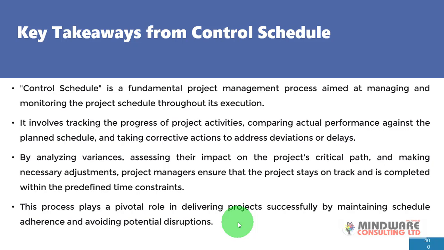It helps you in comparing the planned and the actual, and identifying any variances. It helps you take corrective actions in real time and address any delays, and assess any issues along the critical path of your project. When you carry out this process effectively, you'll be able to avoid any potential disruptions in your project. Hope you got that.